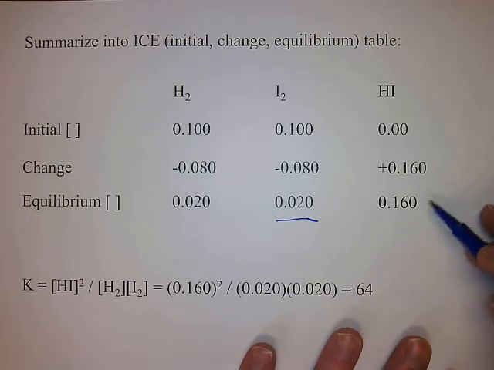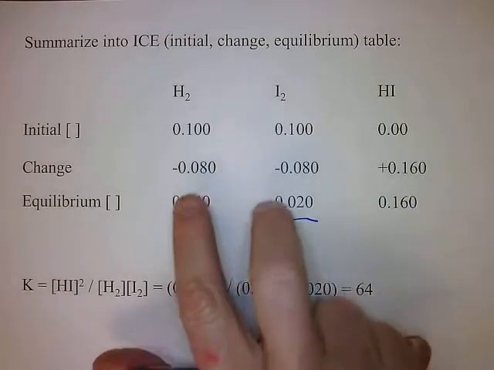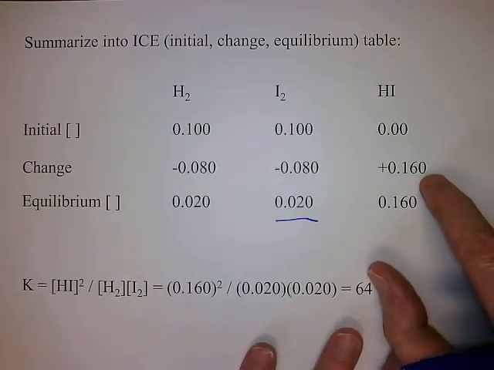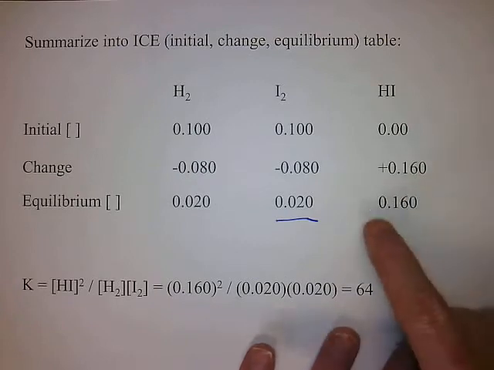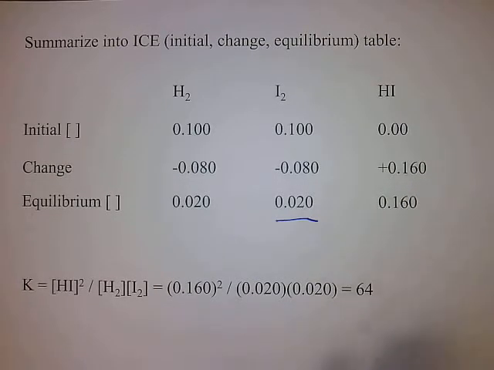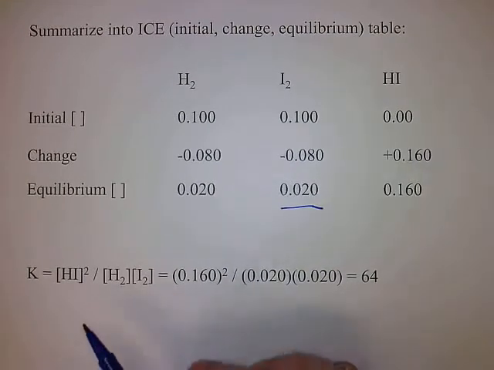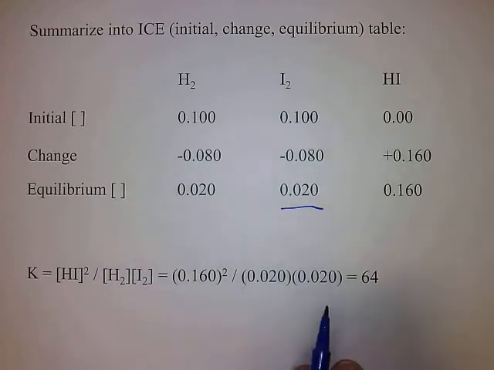Here we add, okay, so our change we lost here and added here. So we started with nothing here, we went up by 0.16, so what's our equilibrium concentration? 0.16.